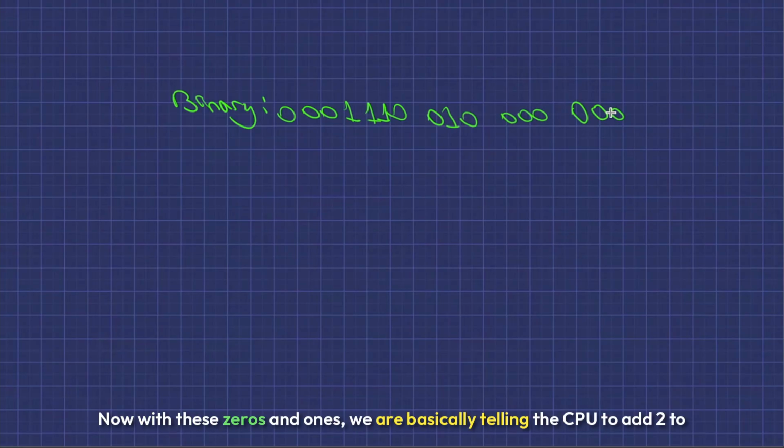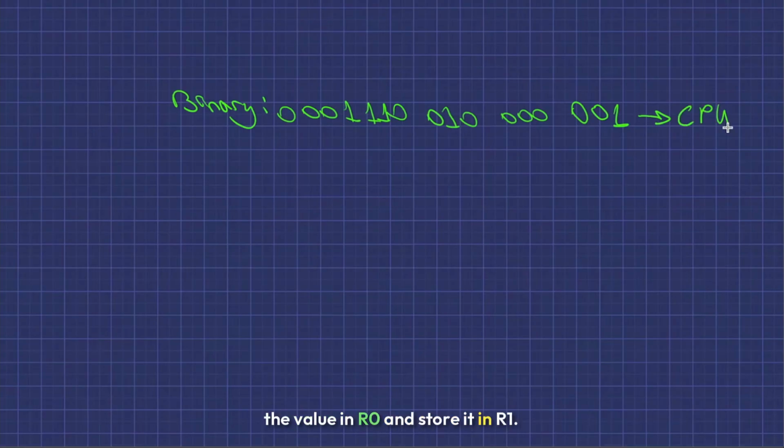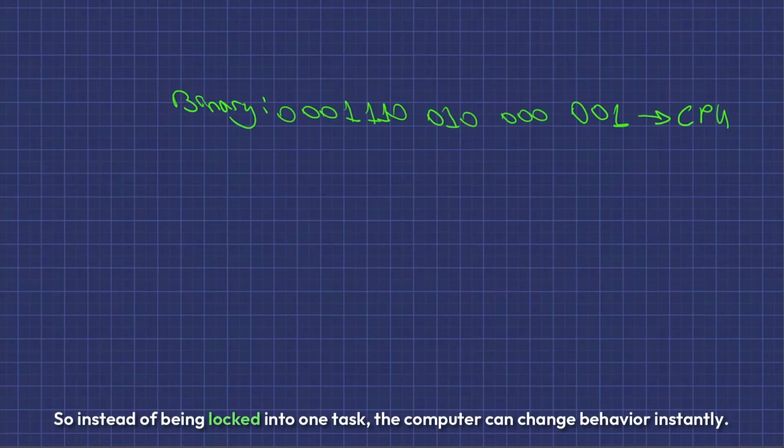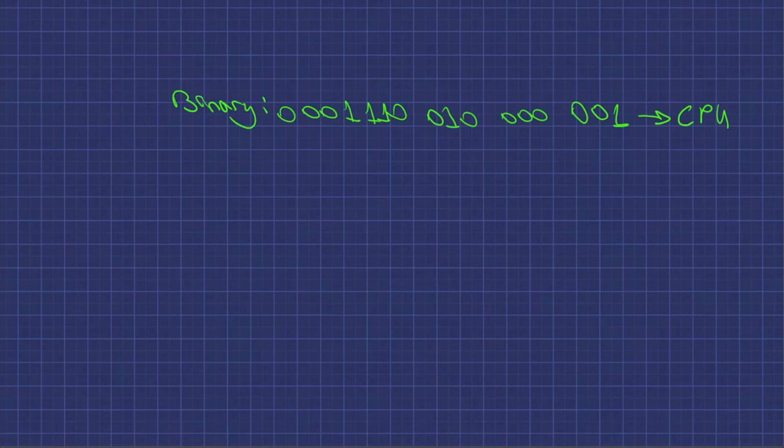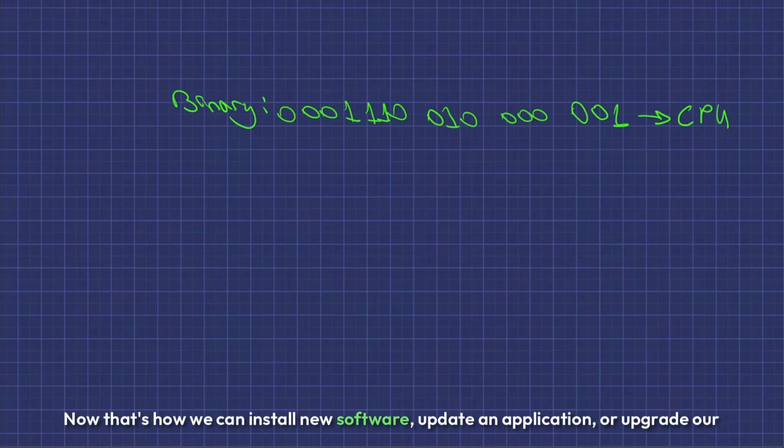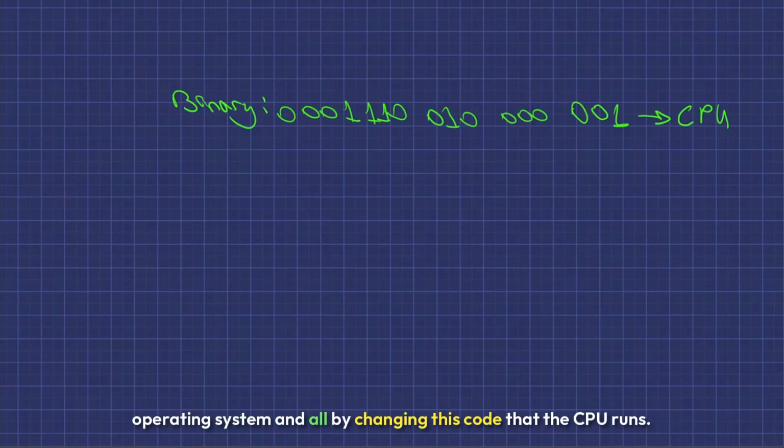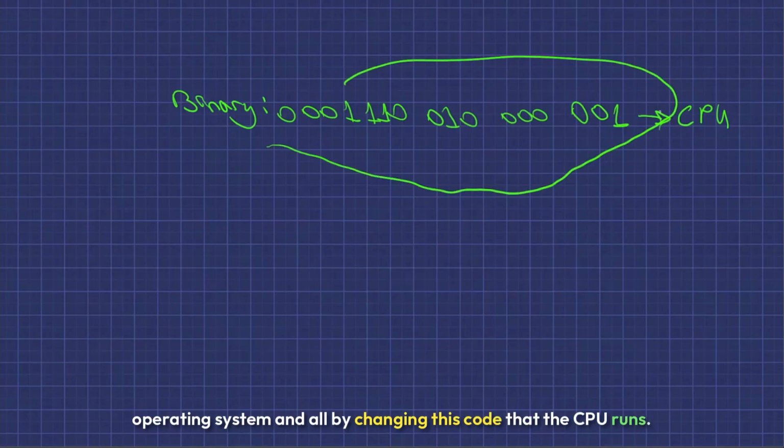With these zeros and ones, we are basically telling the CPU to add 2 to the value in R0 and store it in R1. So instead of being locked into one task, a computer can change behavior instantly. That's how we can install new software, update an application, or upgrade our operating system, all by changing the code that the CPU runs.